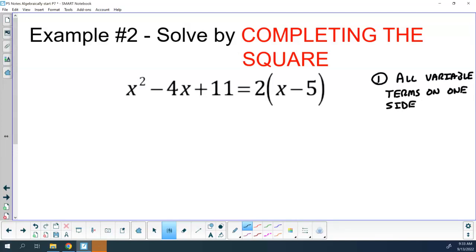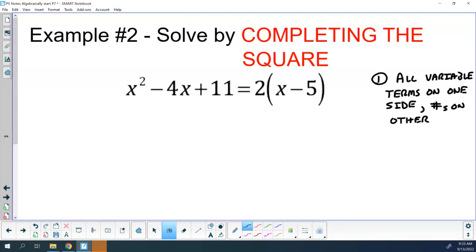And I put the numbers on the other. In this particular case, I'm going to go left with the variables because I want to have a positive a value.